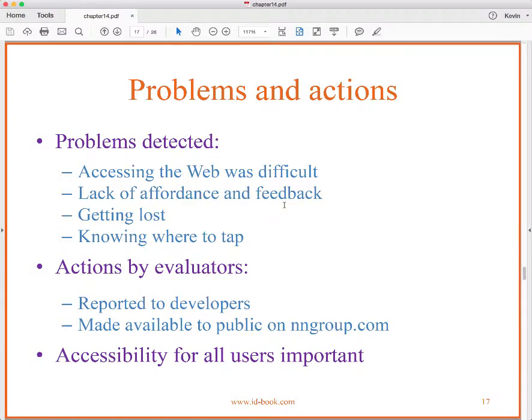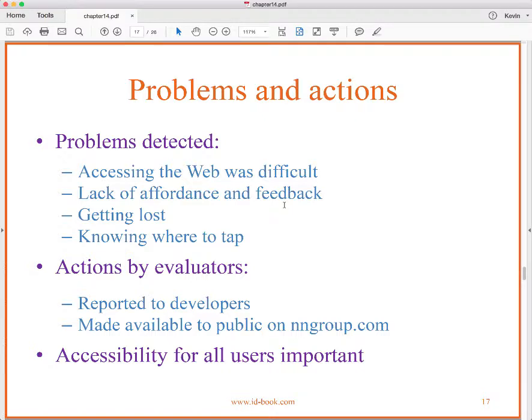So, what were the problems and actions that happened? Well, they detected some problems. One is there was a difficulty in accessing the web. And the difficulty was, in a lot of cases, a lack of affordance and feedback.